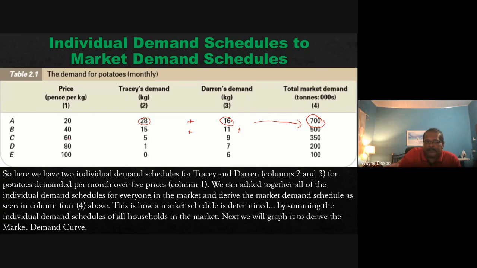Then at price C, which is $60, or 60 pence or cents, let's say 60 cents, Tracy will demand 5 kilograms per month. Darren is 9, so we add those together with everybody else in the market, and we get 350,000 tons of potatoes.